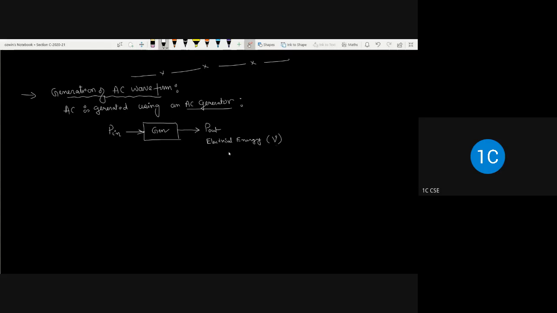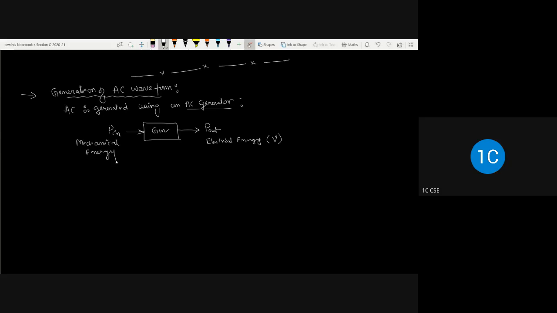Now, to get electrical energy as the power output, what do you have to give as the input, because you have to convert the energy from one form to the other. You know that the output energy should be electrical energy. So the input energy, as your friend mentioned, should be something like mechanical energy.